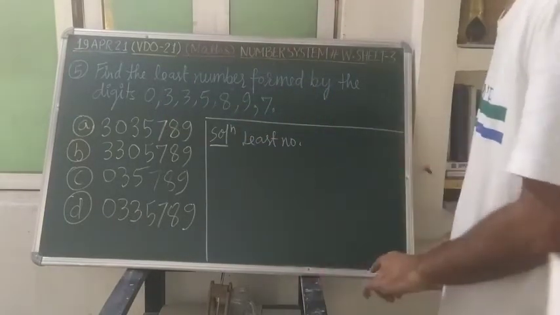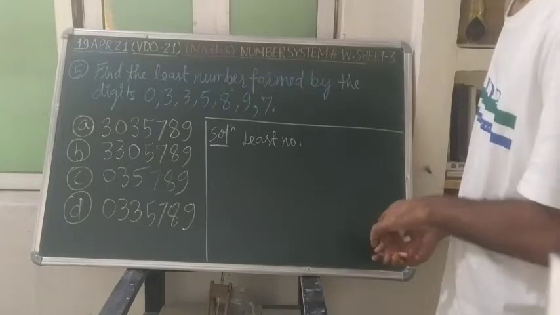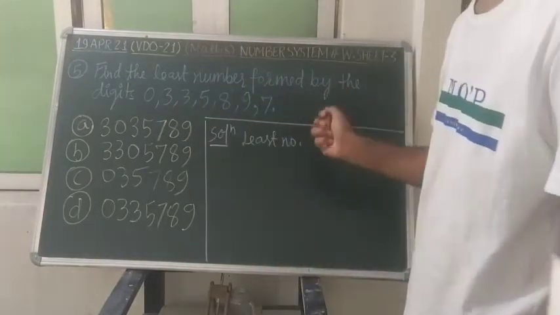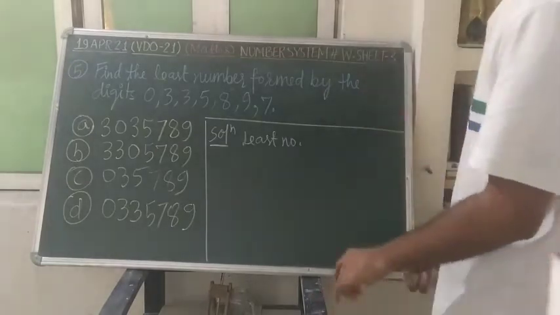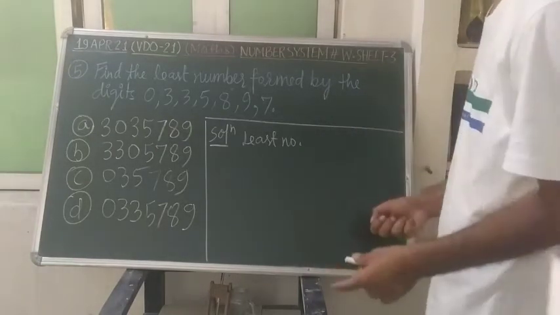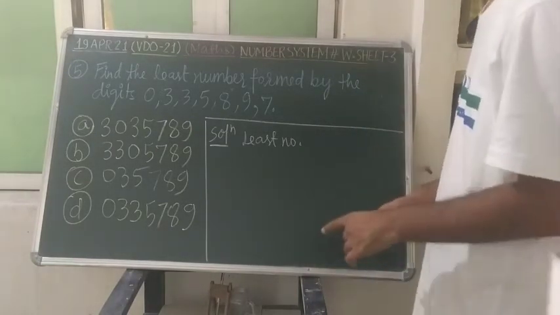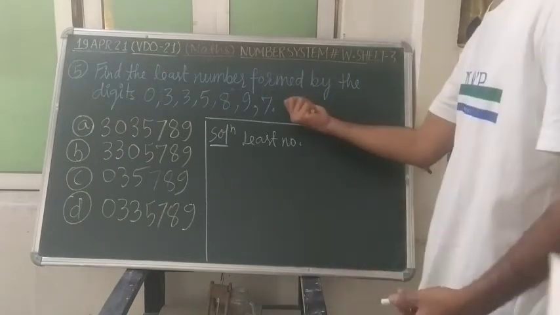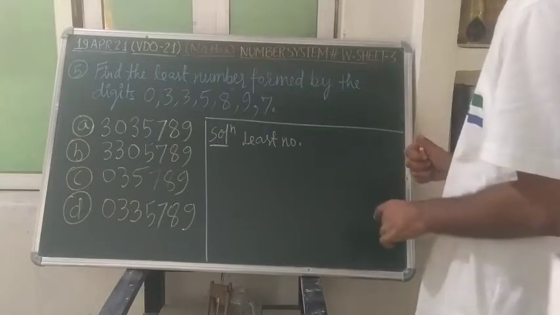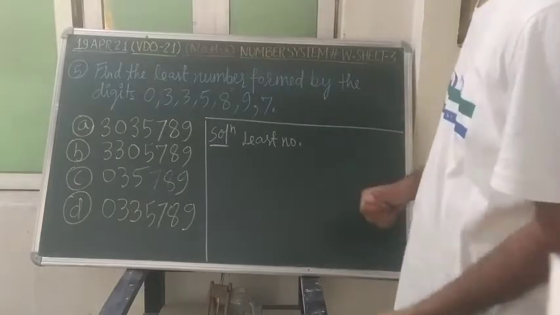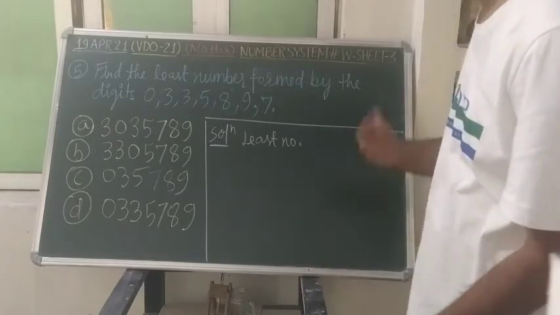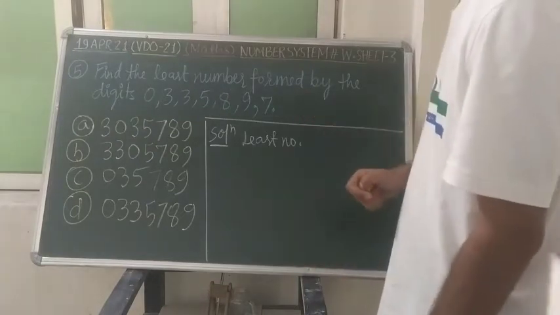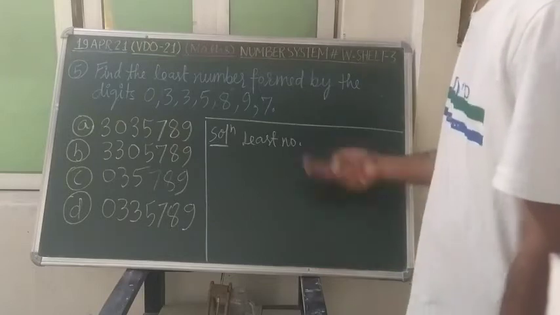But I have told you how to make that hard task easy. 0 we can't select at the first time. So we will choose the digit which is more than 0 present in the problem given to us. We can think: more than 0, is 1 present? No. 2, is it present?